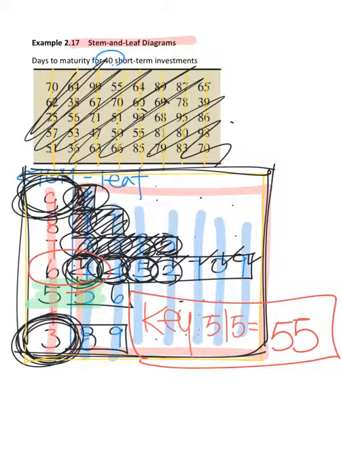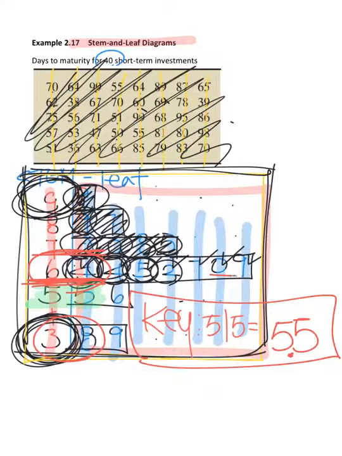Here was the 6 and 4. Now it will be 64. 3 and 8, it will be 38. If the key suggested 5 and 5 was 5.5, then now the 6 and 4 will be 6.4.